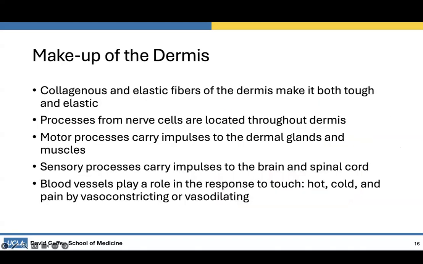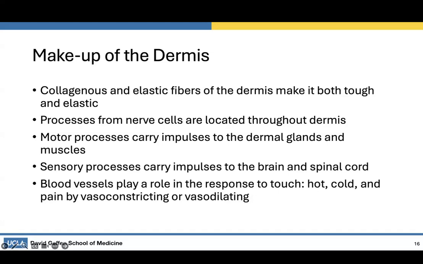Now let's talk about the makeup of the dermis. The dermal layer, as previously mentioned, contains collagen and elastic fibers that make it both tough and elastic. Processes from nerve cells are located throughout the dermis. Motor processes carry impulses to the dermal glands and muscles, while sensory processes carry impulses back to the brain and the spinal cord.